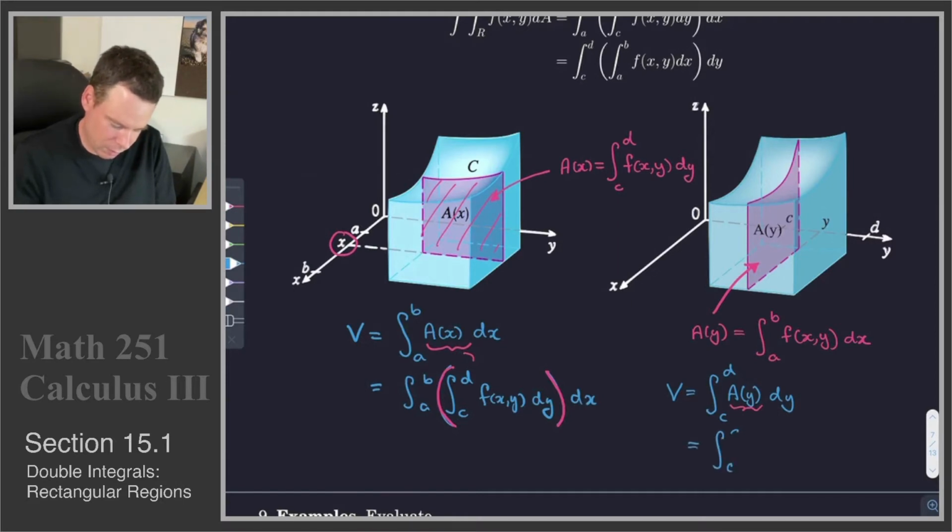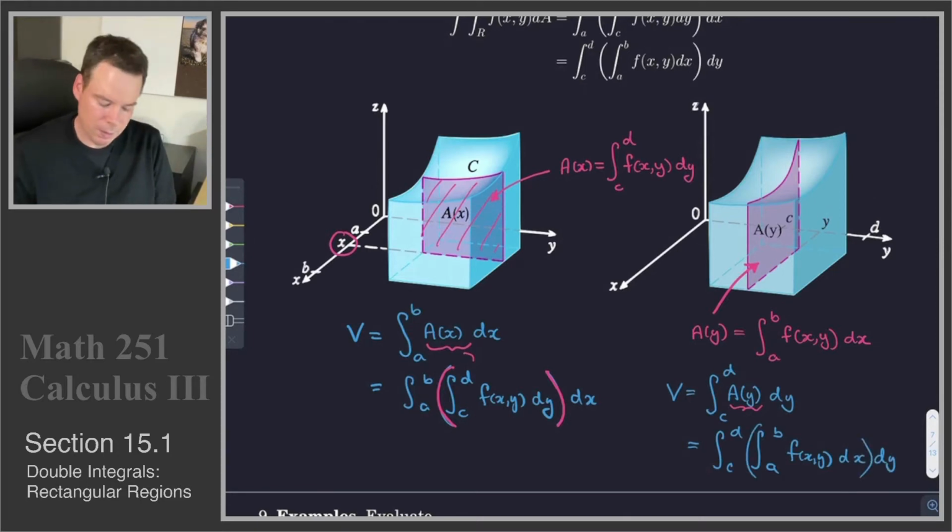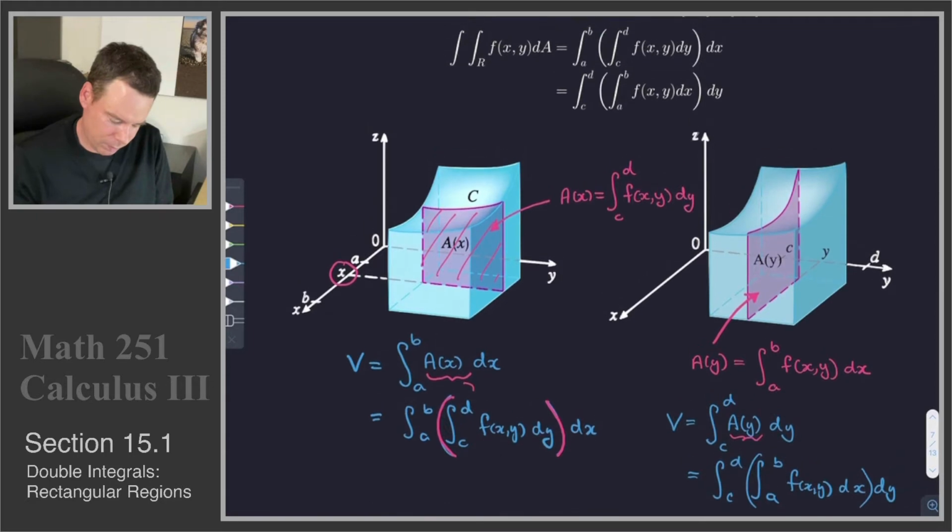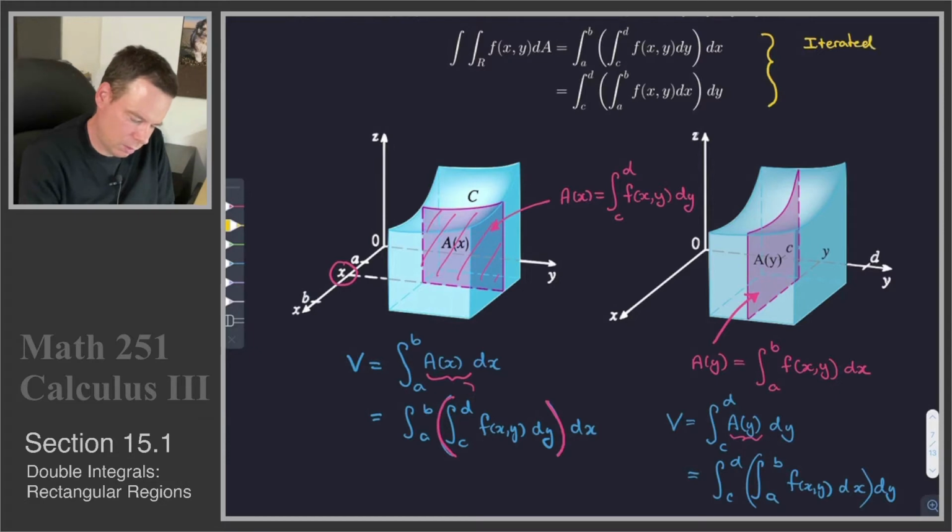So we get the integral from c to d, the integral from a to b of f(x, y) dx dy. And I'll put parentheses around here. And so that says we could evaluate the integral by first evaluating the x integral and then the y integral. And that's what we have written up above. The double integral can be calculated in either of these two ways, and these are known as iterated integrals.